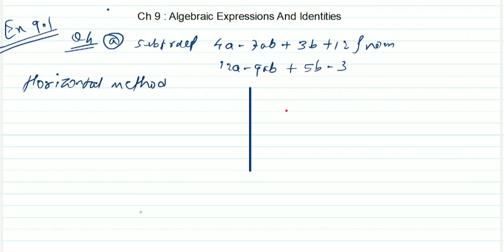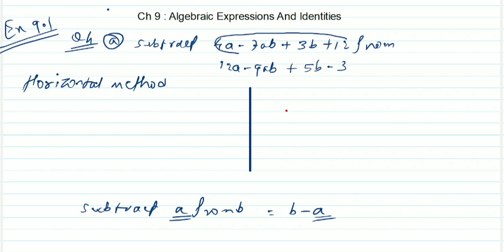If they say to subtract, many students make a mistake in the first step only. Subtract a from b means you have to write it like this: you have to subtract a, so a you have to write here. So here also they are asking to subtract this number from this.